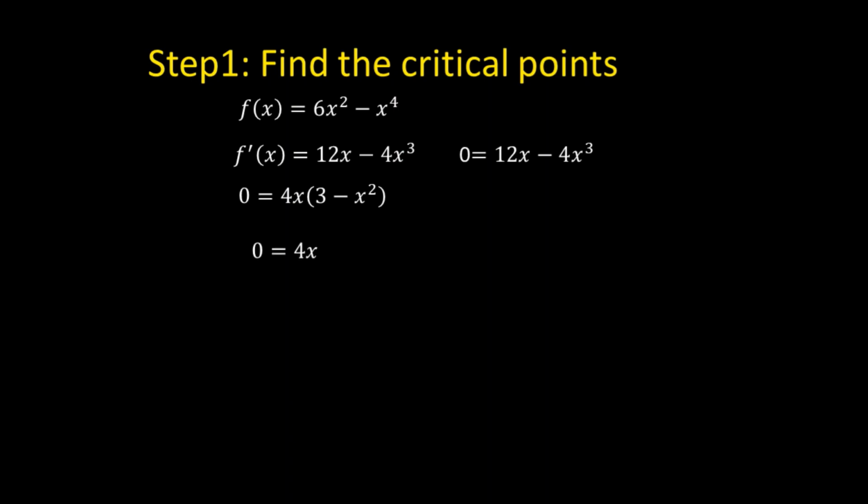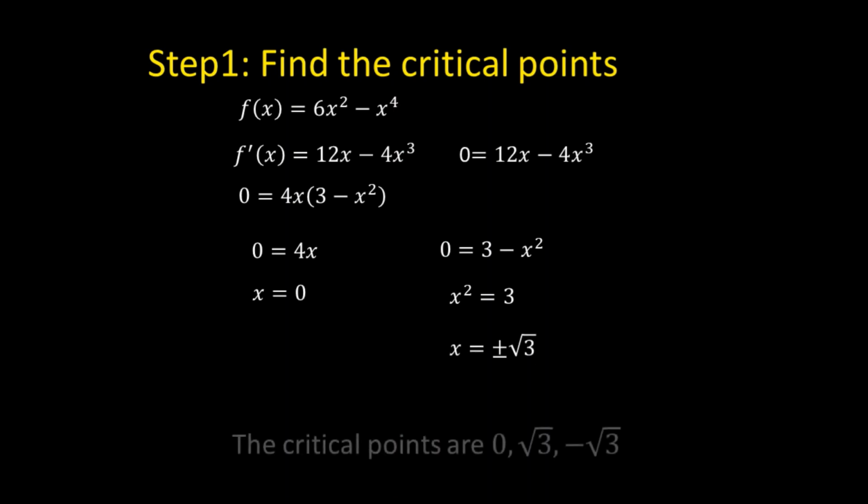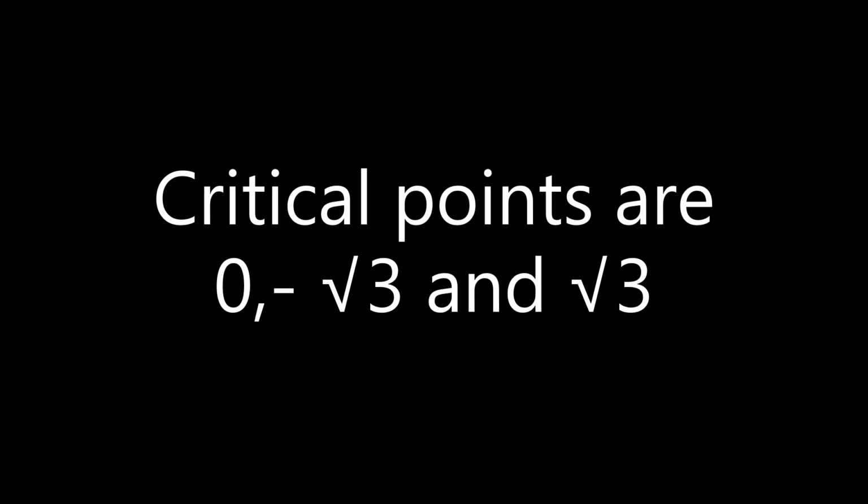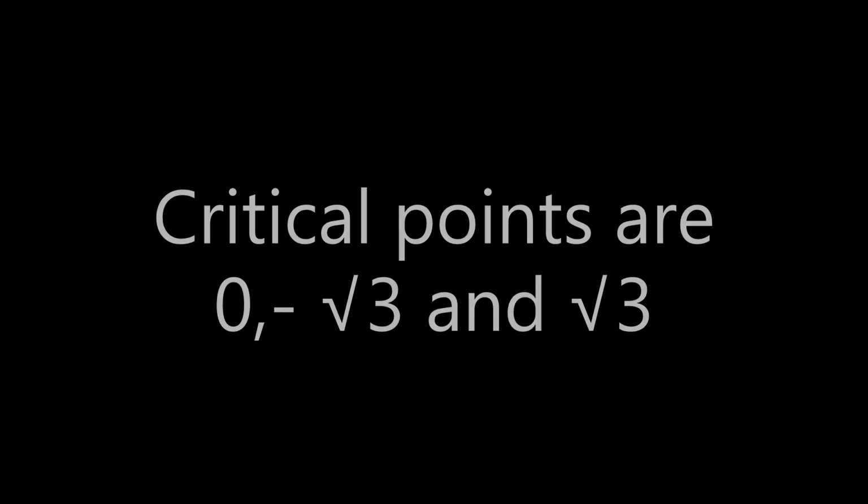So we have 4x equal to 0, which will lead you to x equals 0. For the other factor, you have 3 minus x squared equal to 0. Then you have x squared equal to 3. Therefore, x is equal to positive and negative square root of 3. Therefore, the critical points are 0, square root of 3, and negative square root of 3.